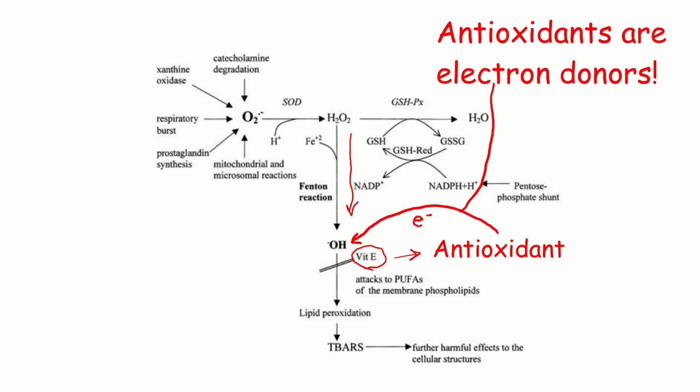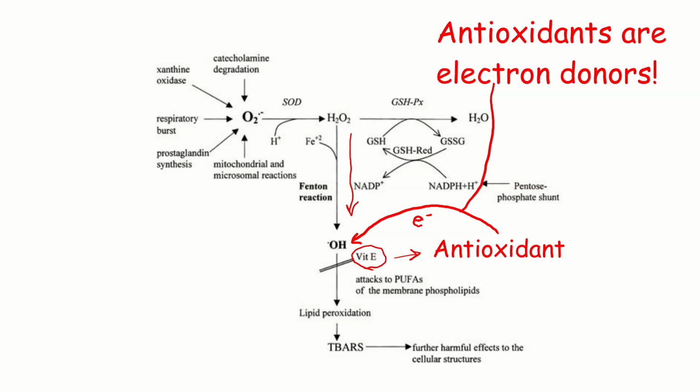And so antioxidants are electron donors. And so what's happening is an electron is moving from this antioxidant over to the hydroxyl radical. The hydroxyl radical can just grab a proton out of solution. It becomes water. And this whole problem of lipid peroxidation and T-bars is safely averted thanks to the antioxidant.